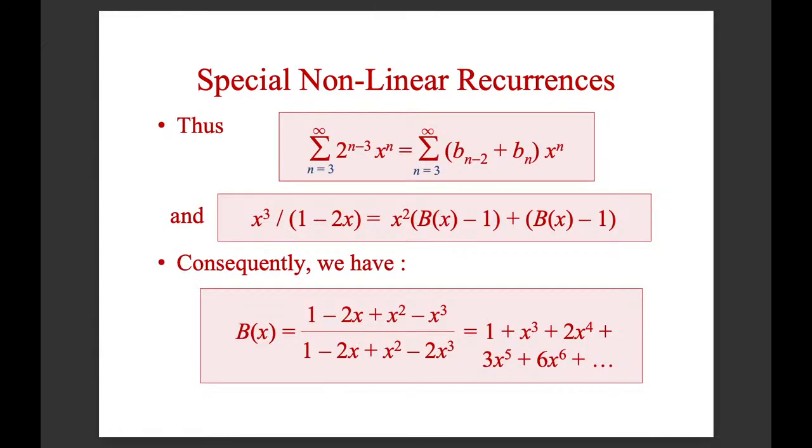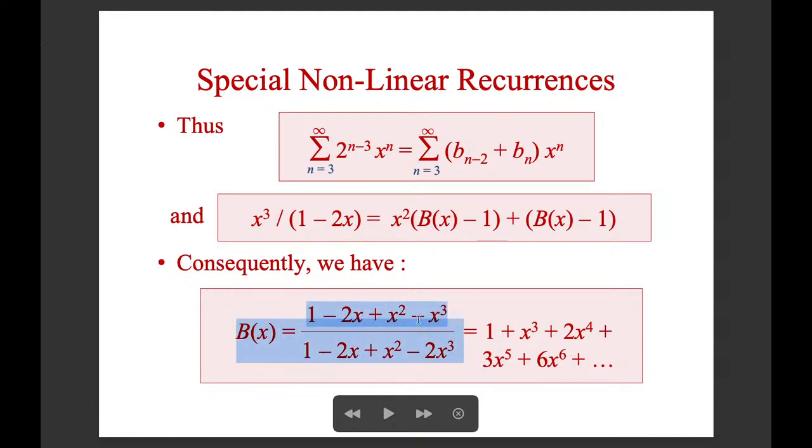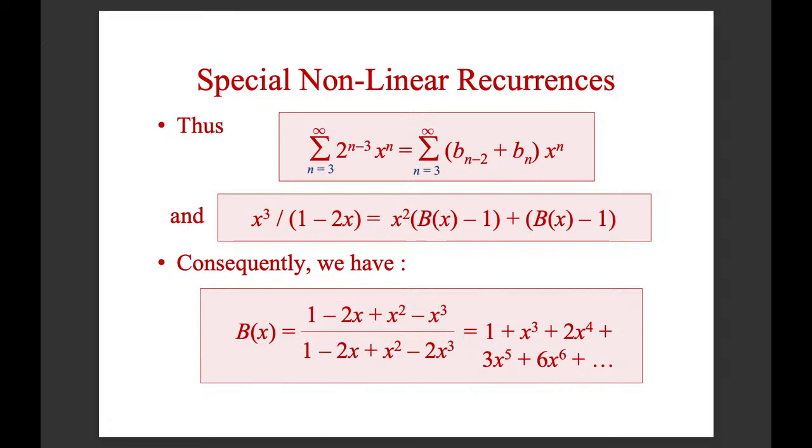We can use the simple generating function method and find that B(x) is equal to this function. So this is the generating function B(x). Now, what is the example for this special nonlinear recurrence?